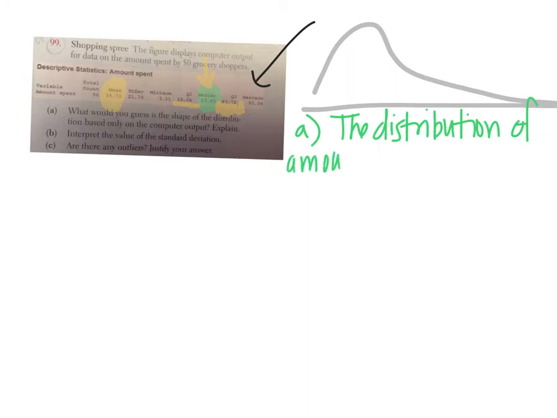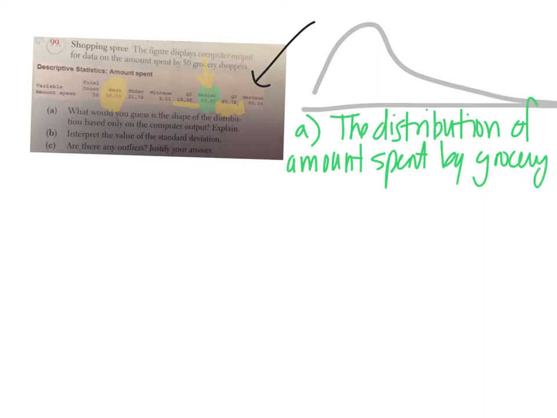So for part A, I would say that, let's go ahead and get in a good habit here. When you say the distribution, say what it is of for our context. So the distribution of amounts spent by grocery shoppers.